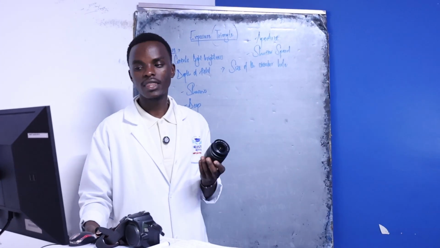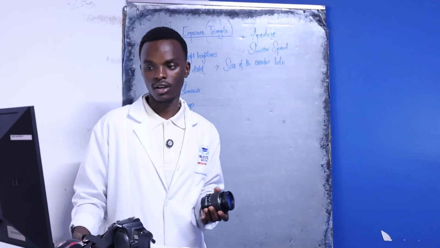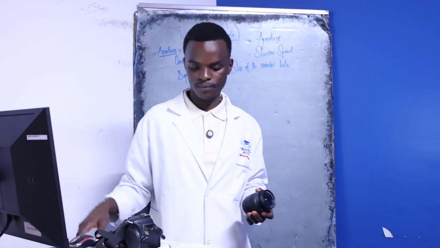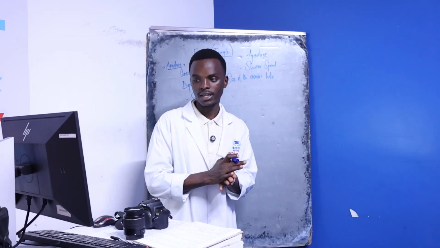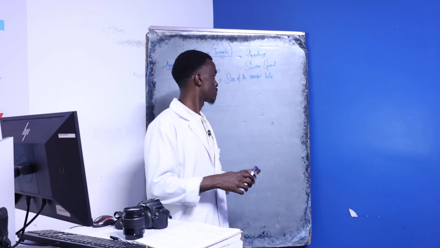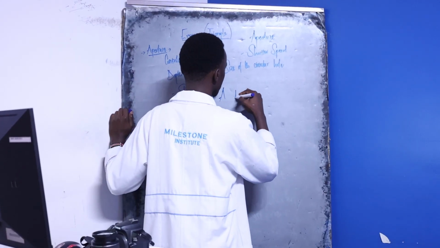So you can say the bigger the hole, the more light that reaches the sensor. Once you have a bigger hole, more light gets in.